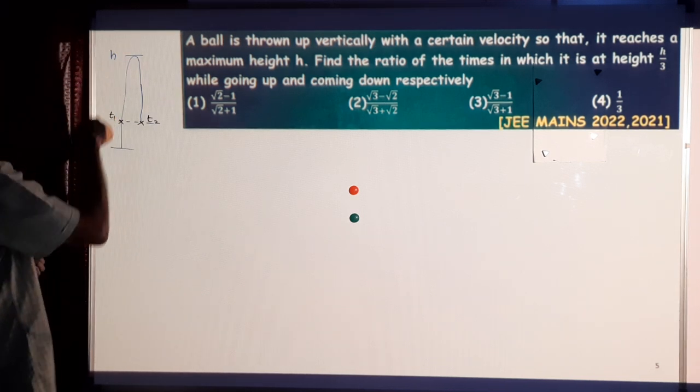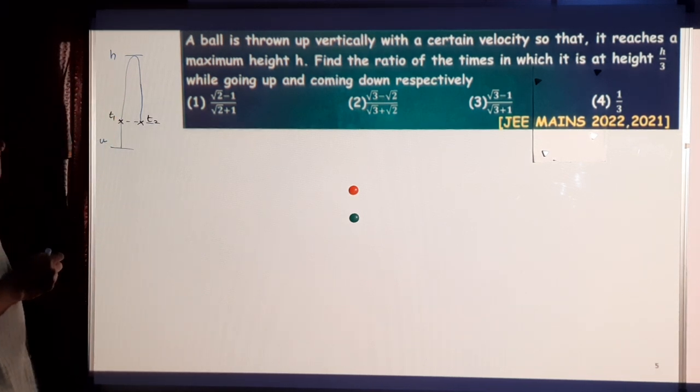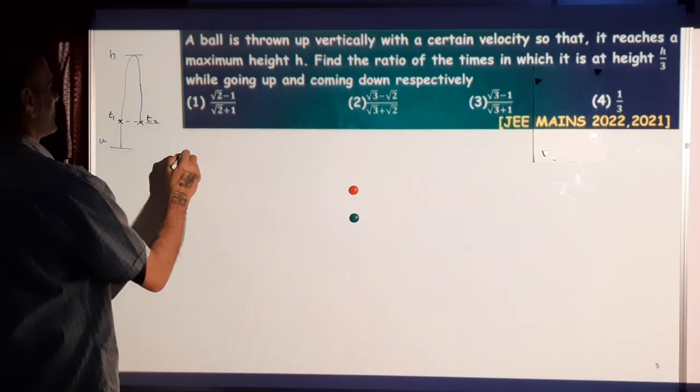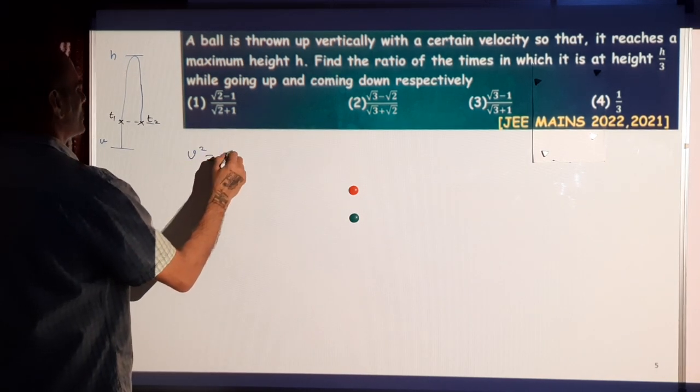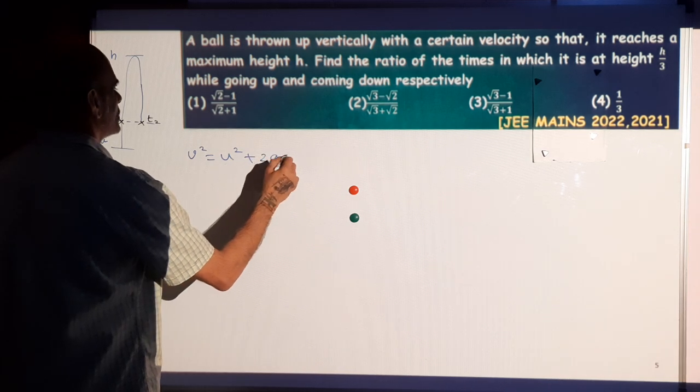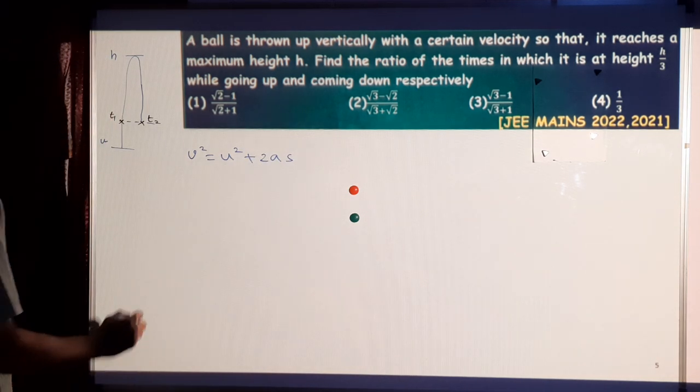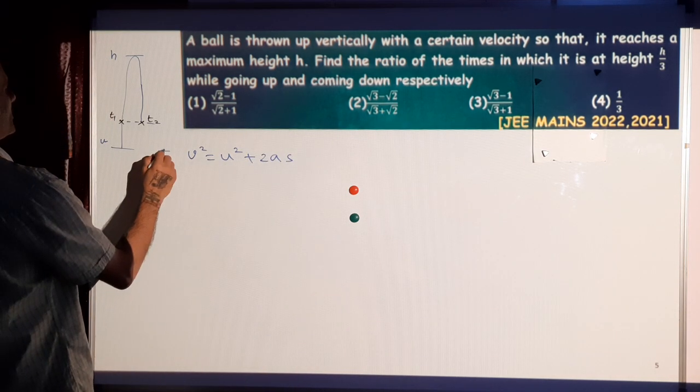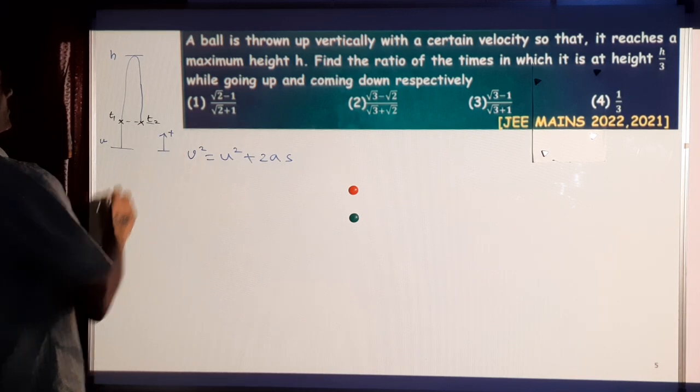So this height h can be related to this u using this relation v square equal to u square plus 2as. Let me take the upward direction as positive.